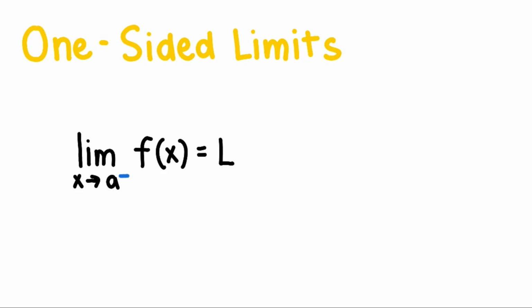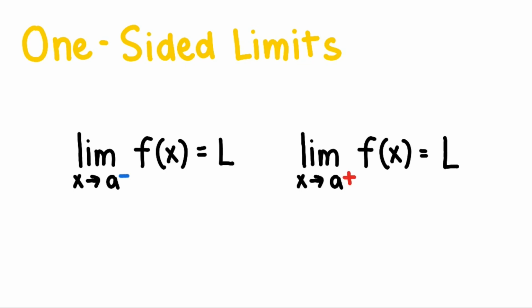We denote this by this one out here and this one out here, wherein this one on the left refers to the limit of f of x as x approaches a from the left, while this one on the right refers to the limit of f of x as x approaches a from the right.